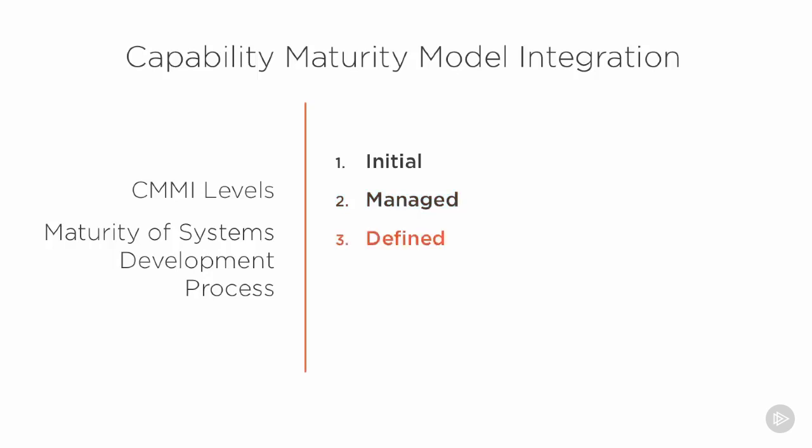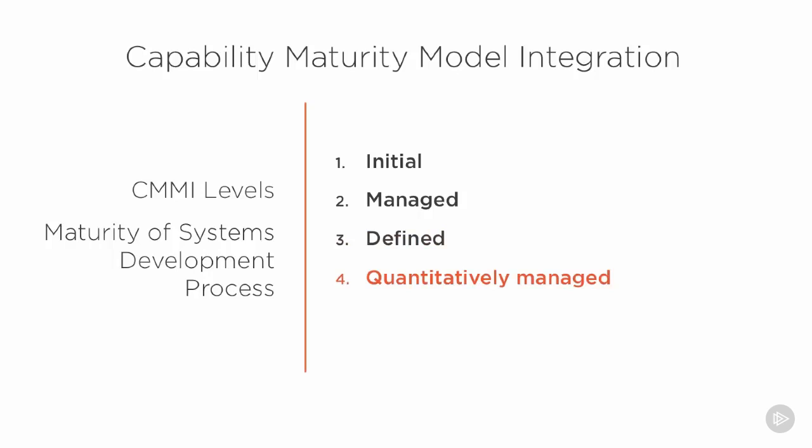Level 3 is where we become proactive. Now we have a carefully defined process, we follow it all the time, and we're looking as well to make sure that process is being executed in a standard, defined manner every single time.